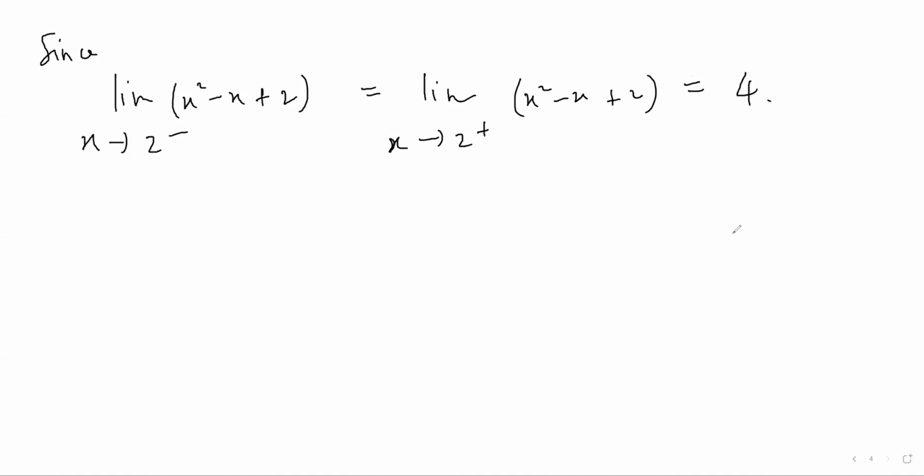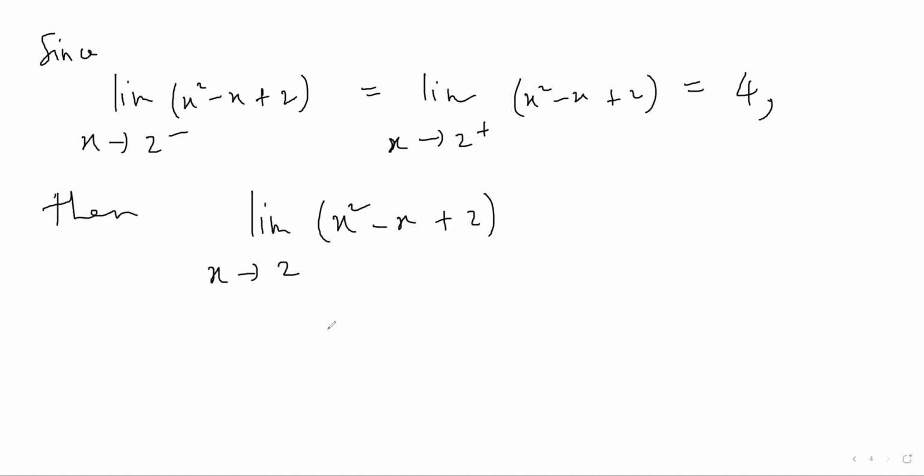What I'm basically saying here is that since the left-hand limit of this function is equal to the right-hand limit of this function, we can say the overall limit, which is expressed as follows. You can call it the overall limit, or you can call it the total limit. It's called by different names. The total limit is basically the limit of the same function when x approaches the same number, but from both sides now.